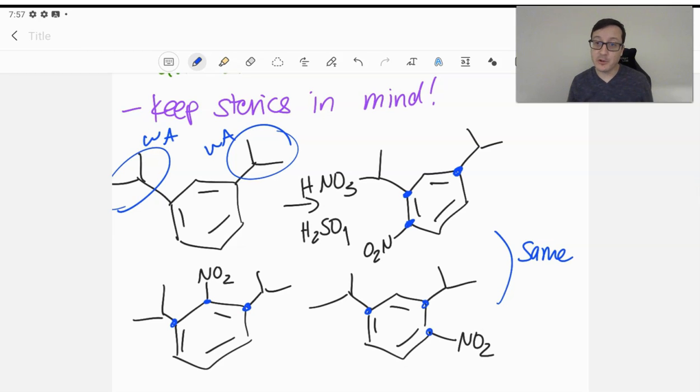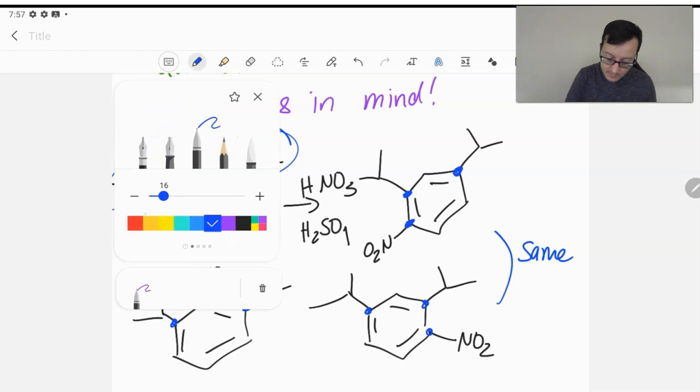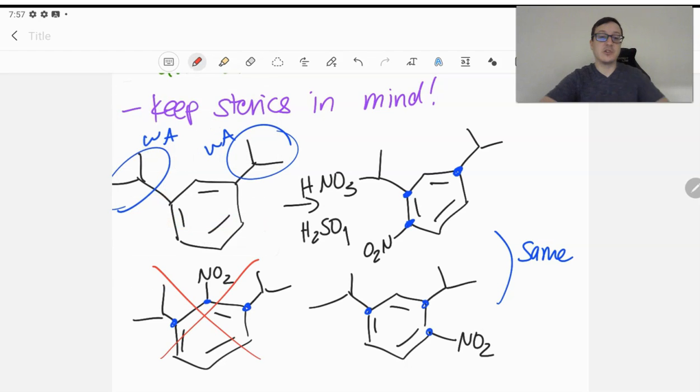Sterics, isopropyl groups are bulky. They will not allow that position to be gone after, unfortunately. So it comes down to sterics, right? So we had the choice of putting that nitro group on one of two positions, essentially. We could put it ortho to one, para to the other, or ortho to both of them.